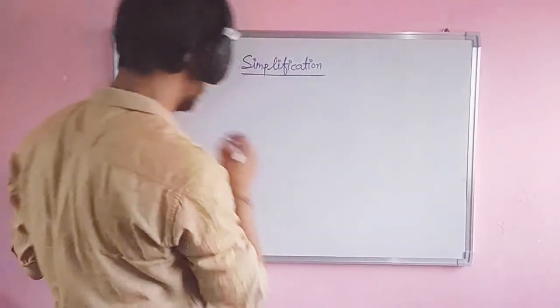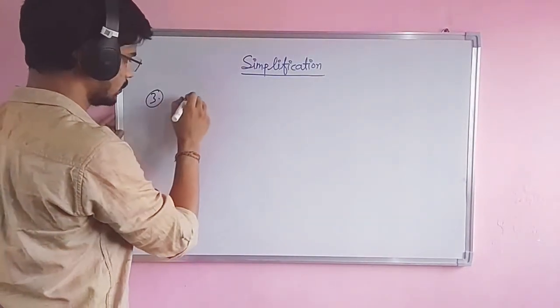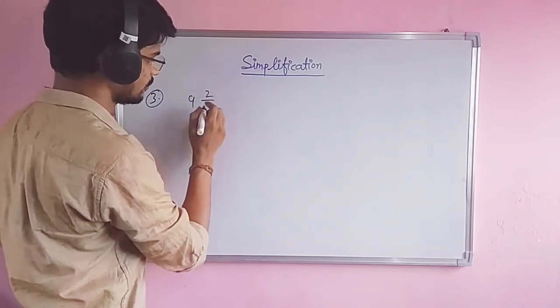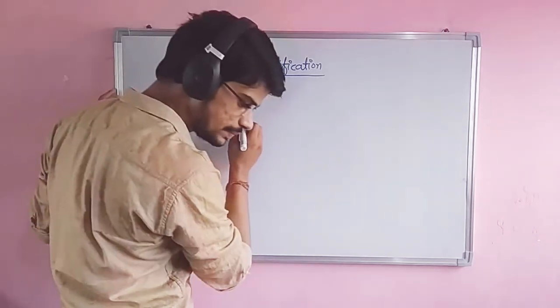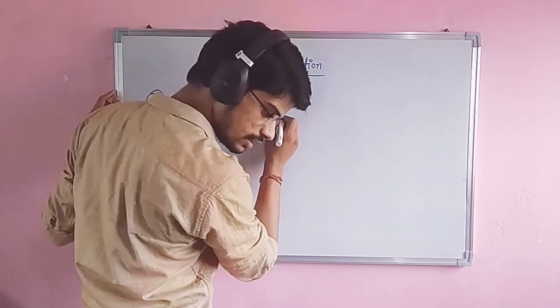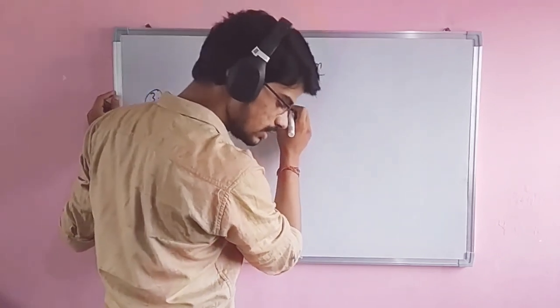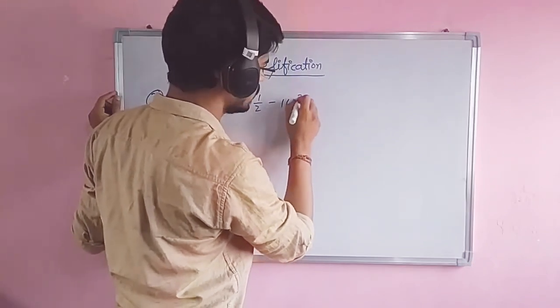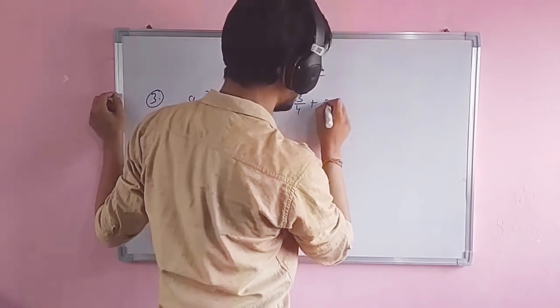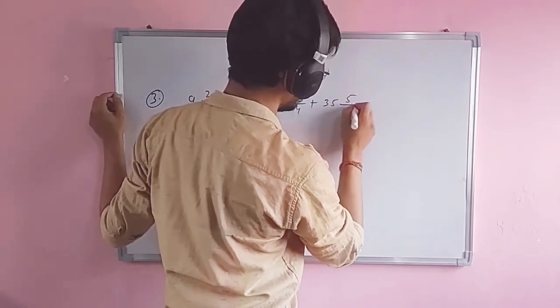Next, question number 3 is 9 2 by 3 minus 23 1 by 2 minus 16 3 by 4 plus 35 5 by 6.